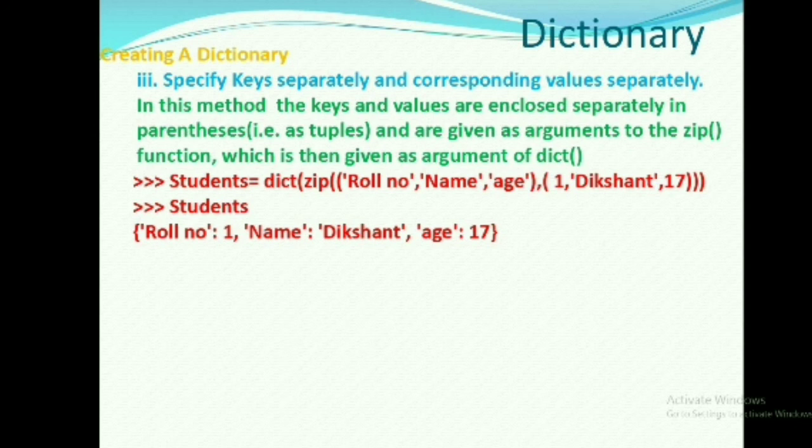Here we are taking one example. Students is equal to dict, zip, roll number, name, age are keys, and 1, Dikshant and 17 are values of the keys. If we write the dictionary, it will be in curly braces. As you can see, roll number 1, name Dikshant, age 17 is a dictionary.